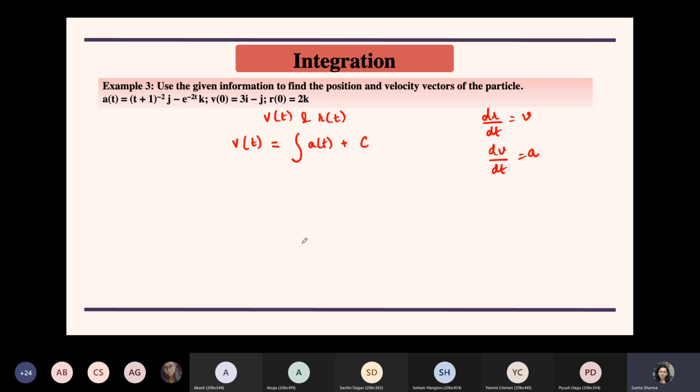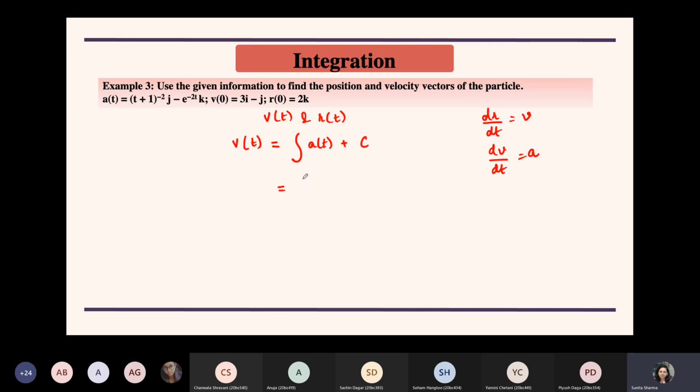Shravani, can you tell how to proceed with this? Ma'am, I was absent for 10 days, ma'am. This is normal integration. Just have to put this separately, separate components.